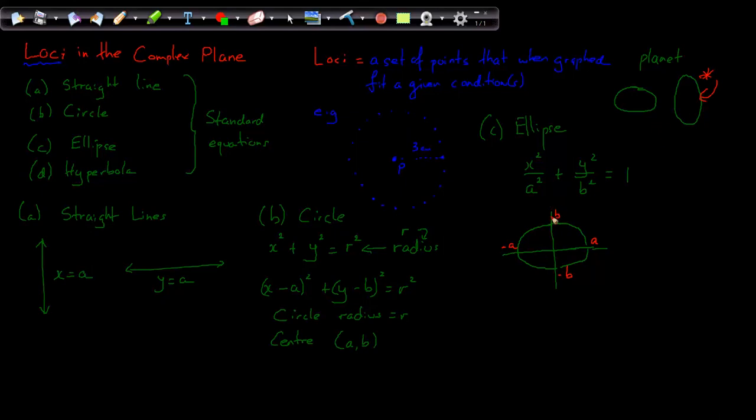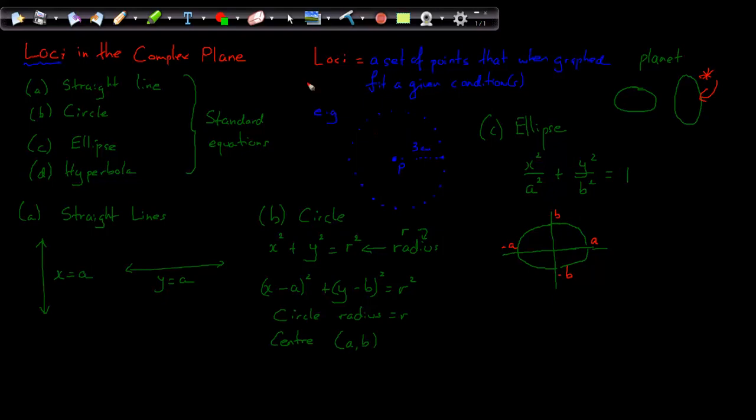So that vertical distance up or down is larger than the horizontal distance across here. And a circle is just a special case of the ellipse where both these numbers happen to be equal to 1. Yes, it's also different in some ways, but very similar to a circle in lots of other ways.